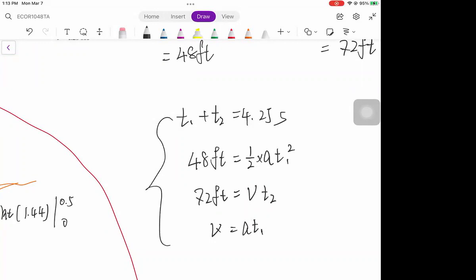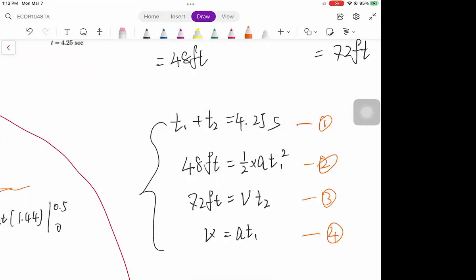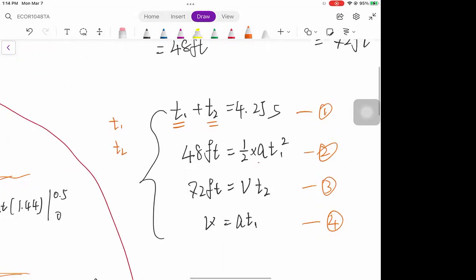So we have a set of equations, and let's see. We have one equation, two equations, three equations, four equations. Now how many unknowns do we have? We have t1, t2, the acceleration a, and the fastest velocity v.